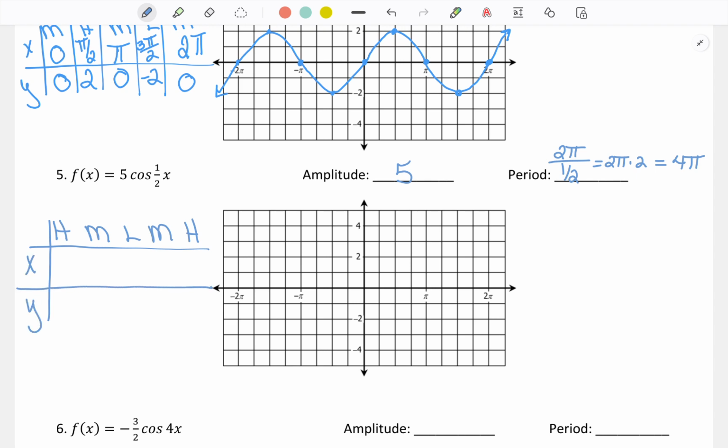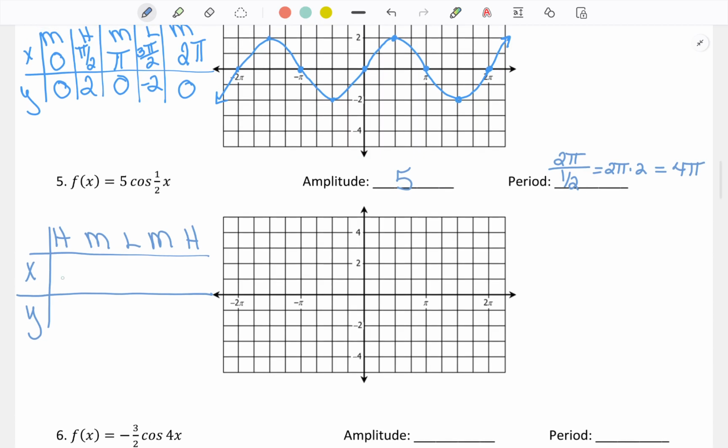So we have 0 to 4 pi for this period. So we'll go 0 to 4 pi. And then the low is halfway in between. So half of 4 pi is 2 pi. And then halfway in between 0 and 2 pi is pi.